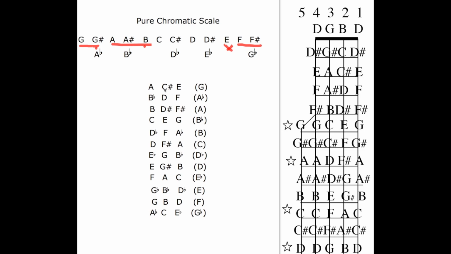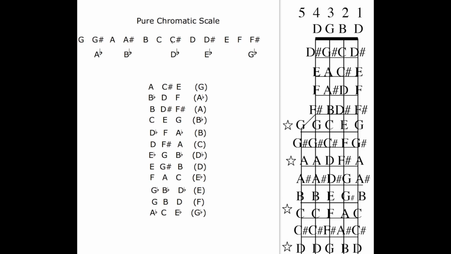An E chord is E, G sharp, and B. And finally, let's do an F chord. Up 1, 2, 3, 4. Up 1, 2, 3. F, A, and C make an F chord.